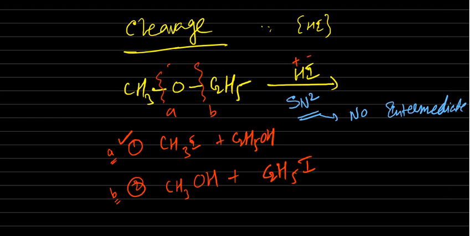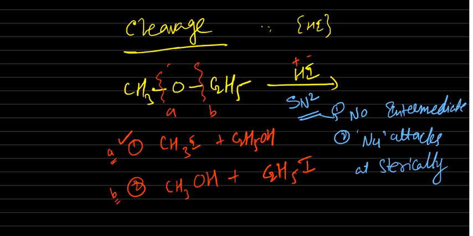The second point is that the nucleophile attacks at the sterically free side. Here ethyl and methyl are there, the nucleophile is I, so I will attack the sterically free side. So we get methyl iodide.